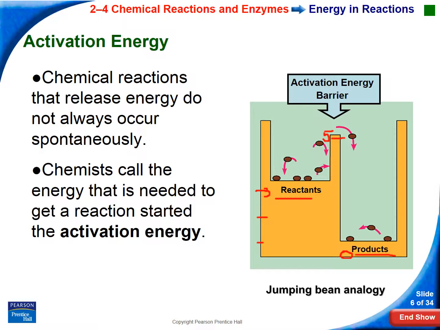There's no units on these things, we're just calling it 5. So in order to get all the way down to level 0, our reactants got to jump up to a level 5, and then they can fall all the way down to the products, okay? So unless you have an energy level of 5, this reaction won't occur.